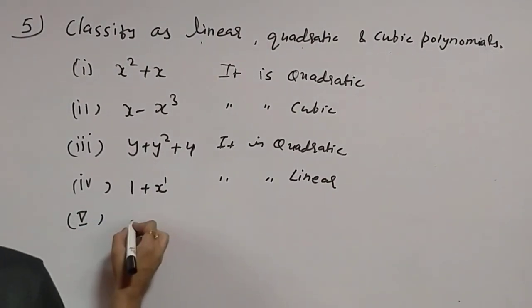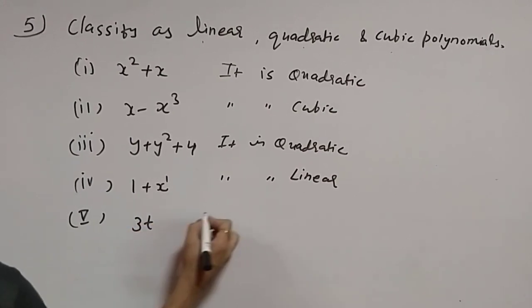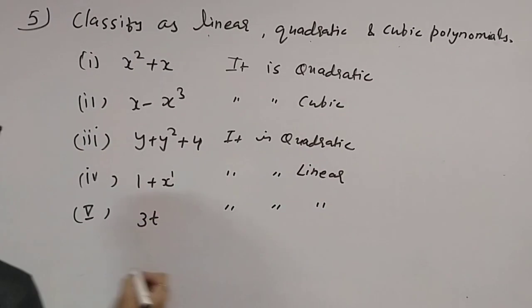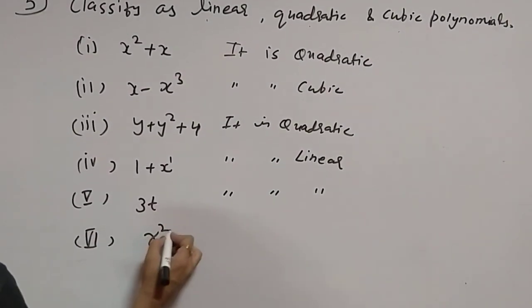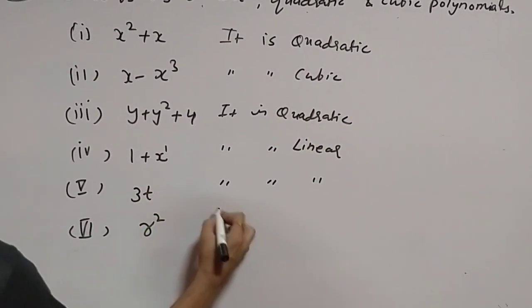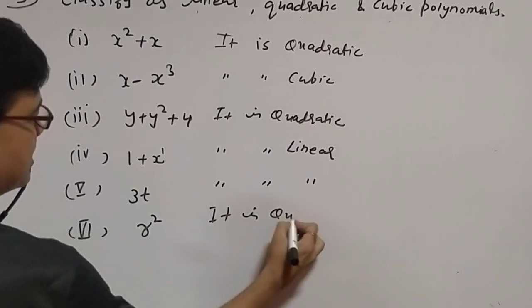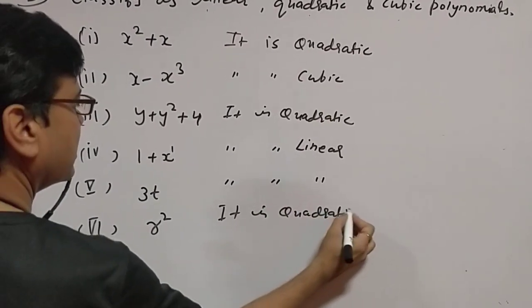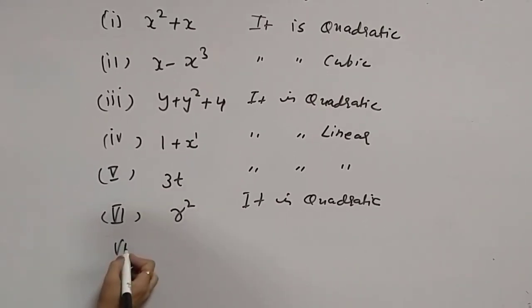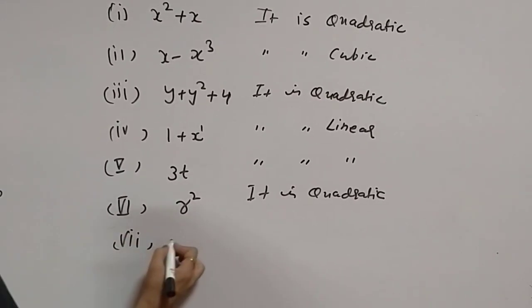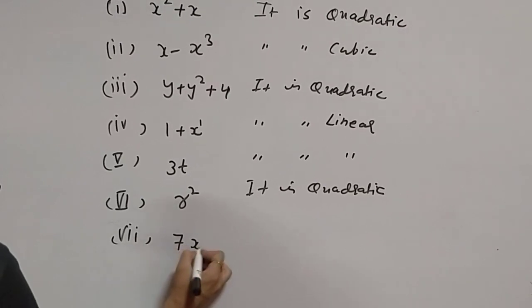Fifth, degree is 1 again. It is again a linear polynomial. Sixth, r square. Degree is 2. So it is quadratic. And seventh, 7x cube.